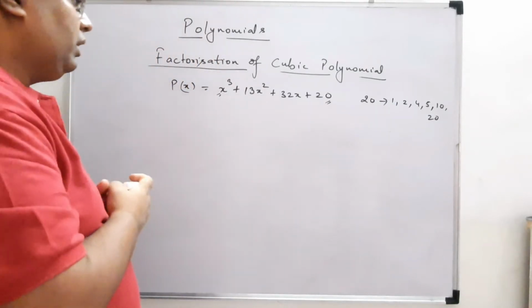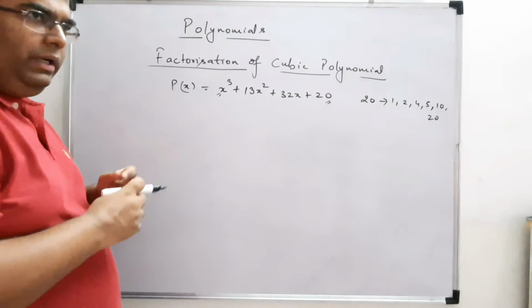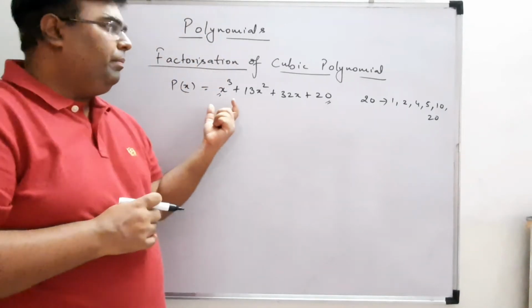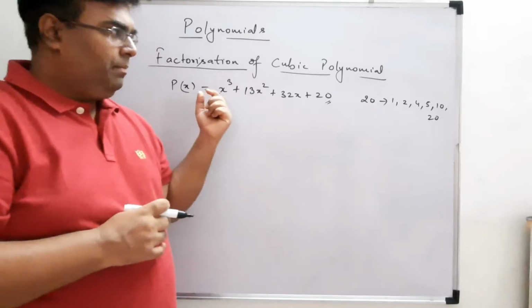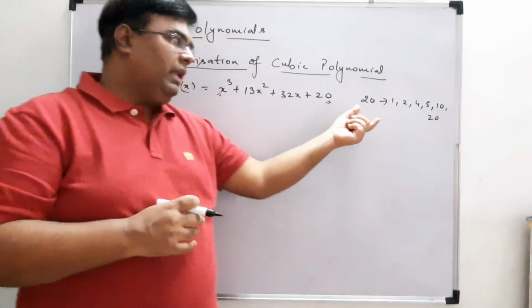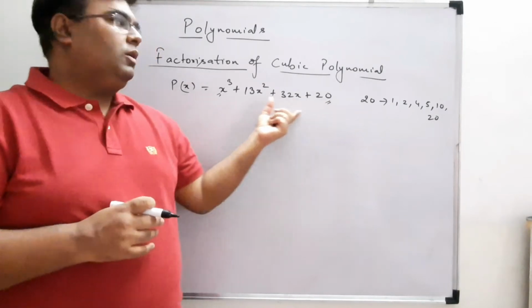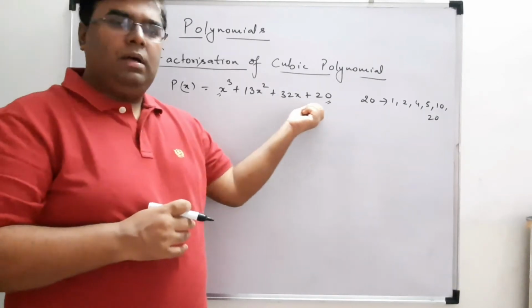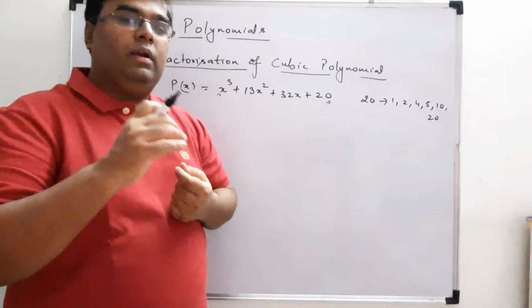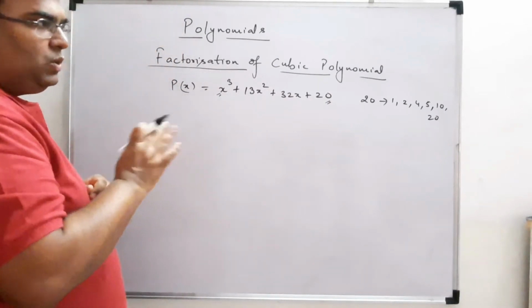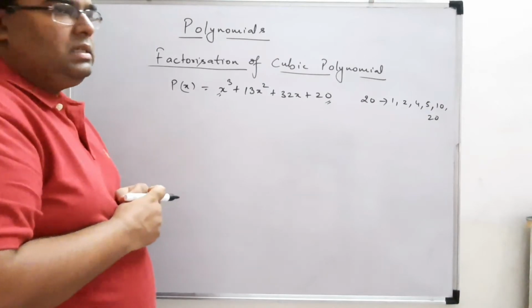But you need to use a little bit of common sense here. If you use a plus sign, you will never get 0, because everything is plus only. So we will try only negative numbers. Plus 1, plus 2, plus 4 will not give me 0 here.